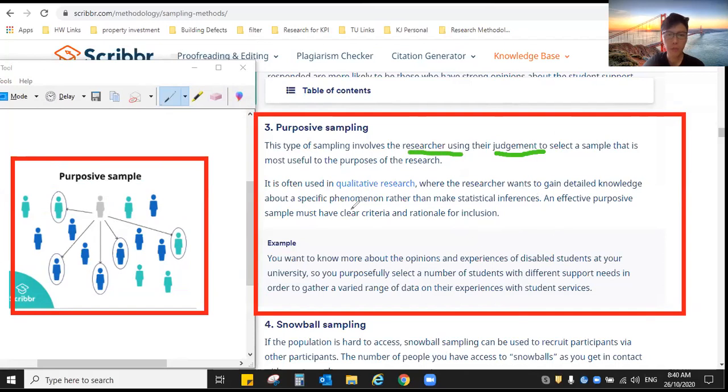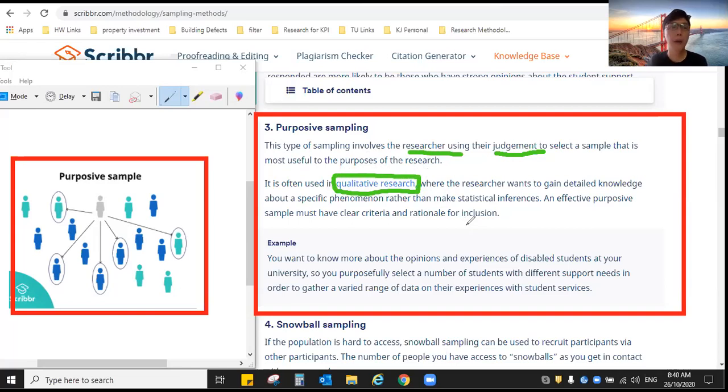It is often used in qualitative research, because in qualitative research you purposely choose your respondents. I want to interview the people who are experts in that field, that is called purposive. For interviews, you choose five or seven respondents, go and interview them.